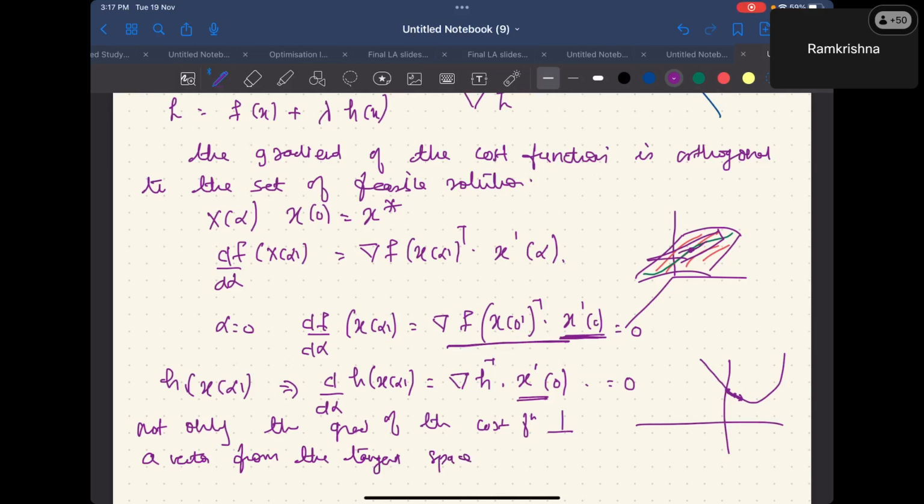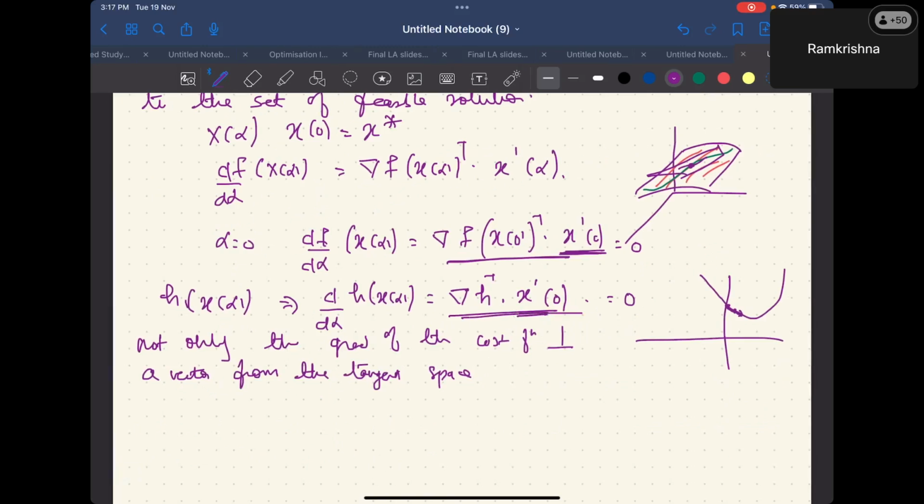Okay. Not only that, the same holds for this also, right? So not only should the gradient of the cost function be perpendicular to a vector from the tangent space, but also the gradient of the constraint function.